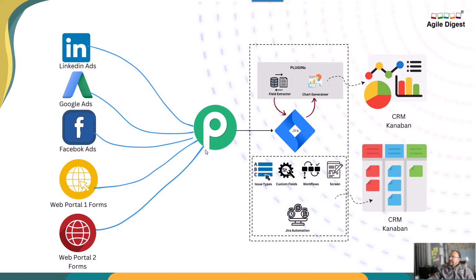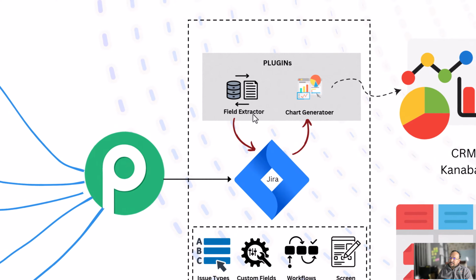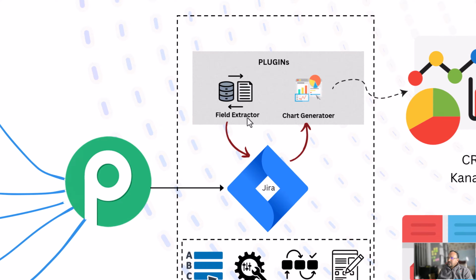So within Jira, we are using two plugins. As you can see on this screen, one is called Field Extractor. Why am I using that? Because Pabbly is not able to send data to the custom fields in Jira.